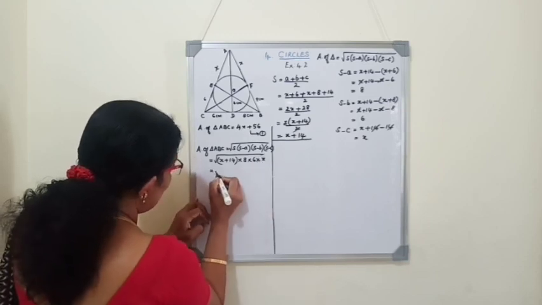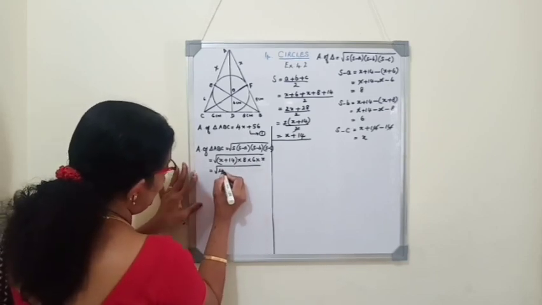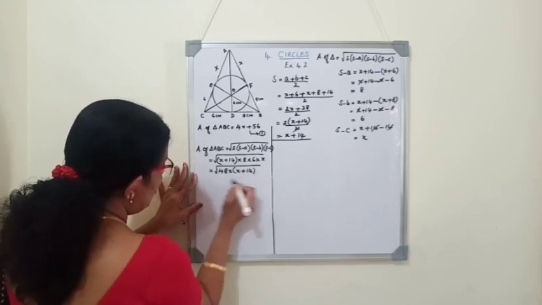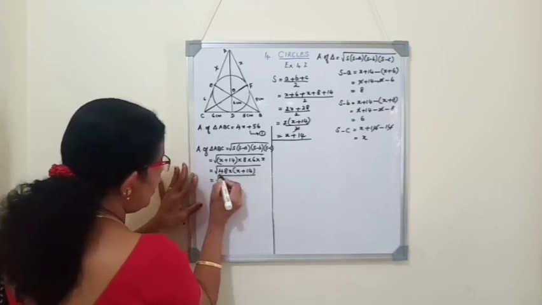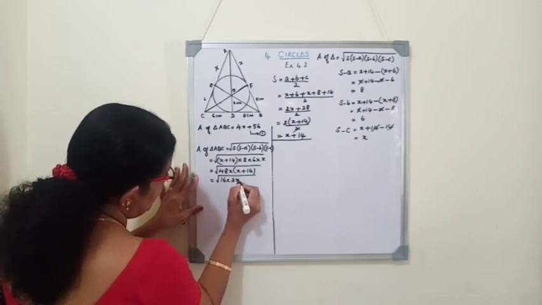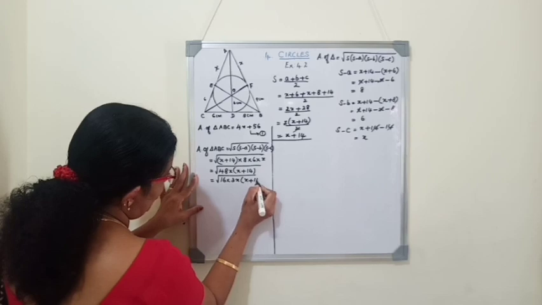So is equal to 8 6s are 48x. Then we will write x plus 14 in bracket. 48 can be written as 16 into 3 and x into x plus 14.